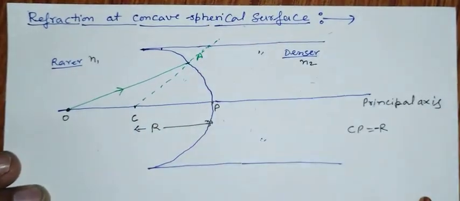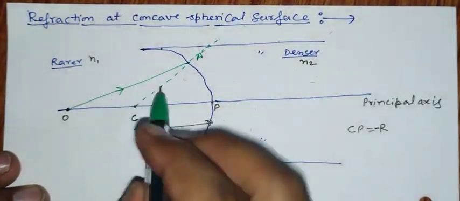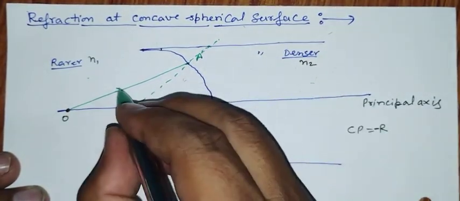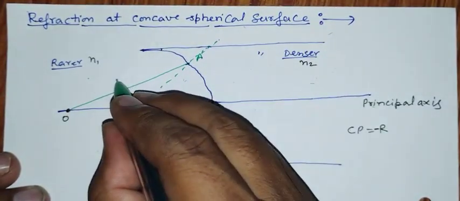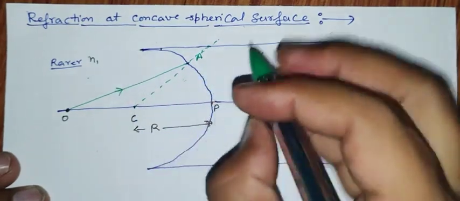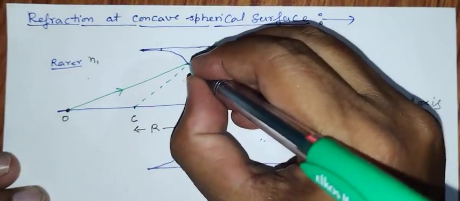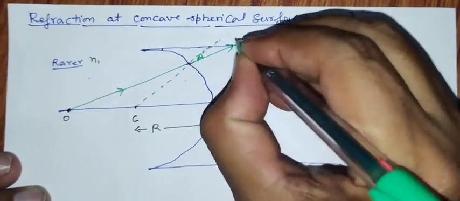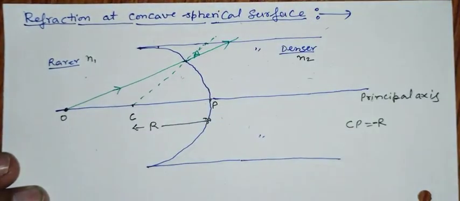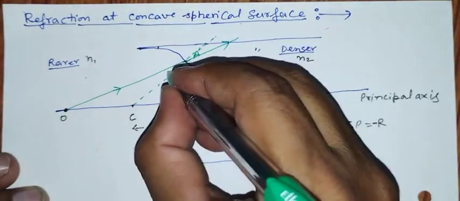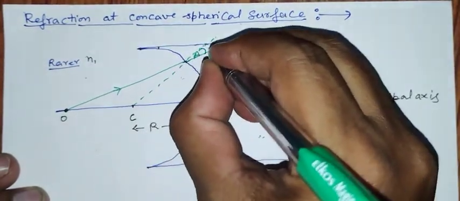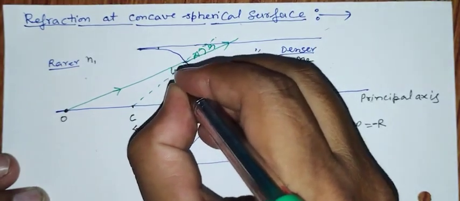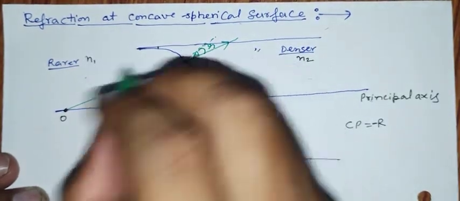This is the normal. The rarer medium is here, the denser medium is here. When a ray of light passes from rarer medium to denser medium, it bends towards the normal. So let this ray of light bend on this side. This angle is called the angle of refraction r. Naturally, this angle on this side is called the angle of incidence.